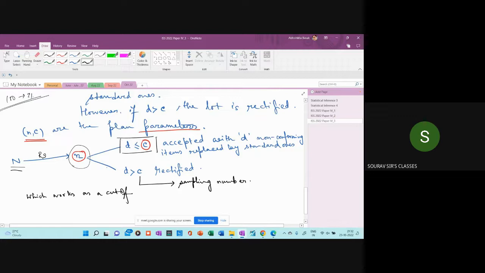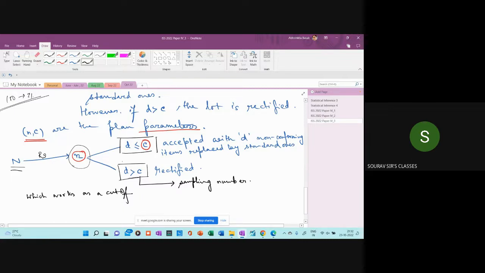If the number of defective items is greater than C, that is the cutoff, then we can't take the risk of replacing those defective ones with standard ones. Rather, we will reject the lot, and not completely reject it. We will say that this lot can go back for rectification. We are not rejecting it directly, we are sending it for rectification or correction.